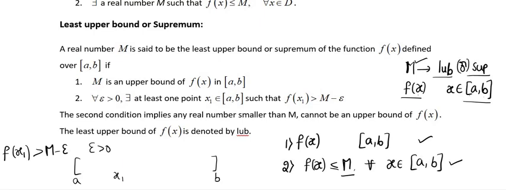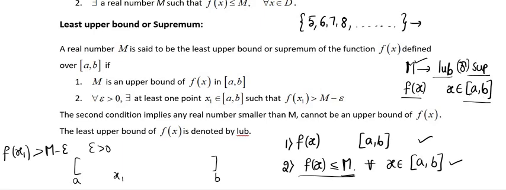Whenever this condition is true, then we say that the real number M is least upper bound or supremum. Once again, here M is called an upper bound. Whenever we know an upper bound of a function, if 5 is an upper bound of the function, then the numbers greater than 5 are also upper bounds of the function.